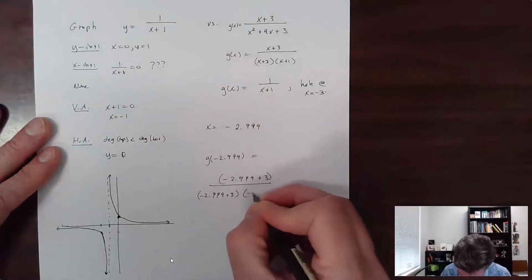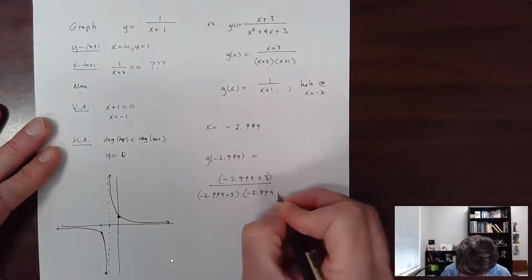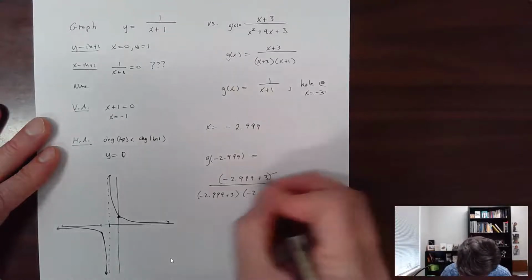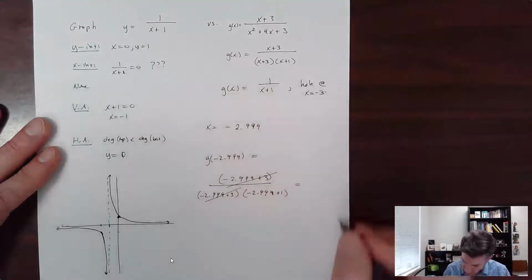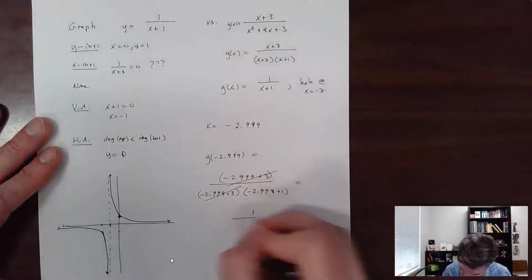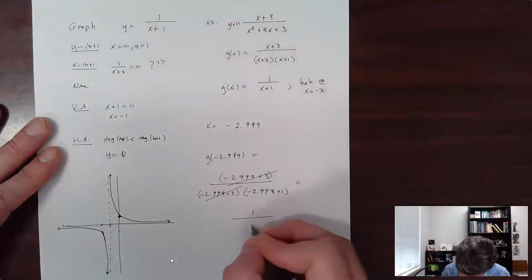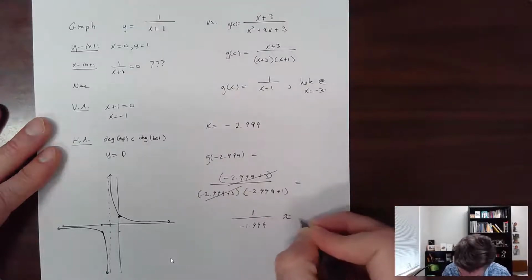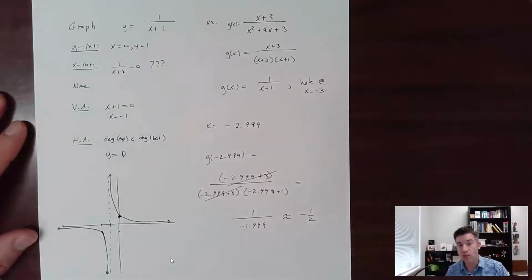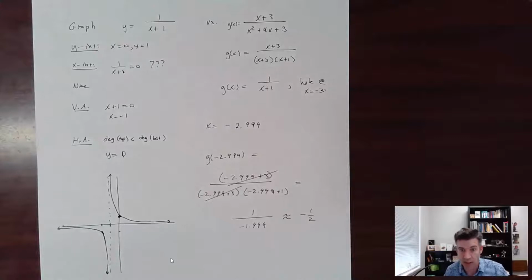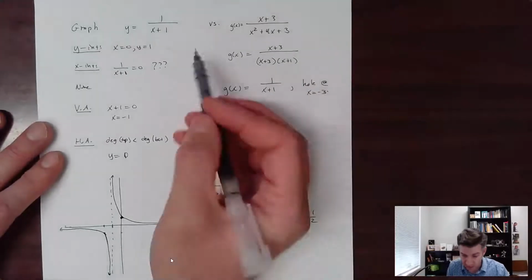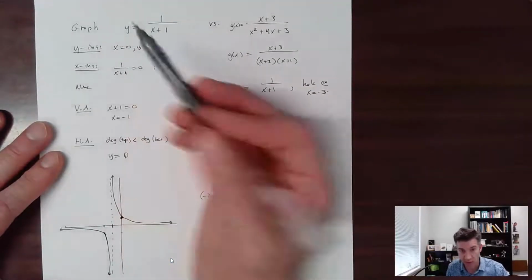And then -2.999 plus 1. You get 1 over -2.999 plus 1, which is -1.999. And that is very, very close to -1/2, which is what you would get if you actually plugged in -3. If you plugged in -3 into this function, you get 1 over -2, which is -1/2.